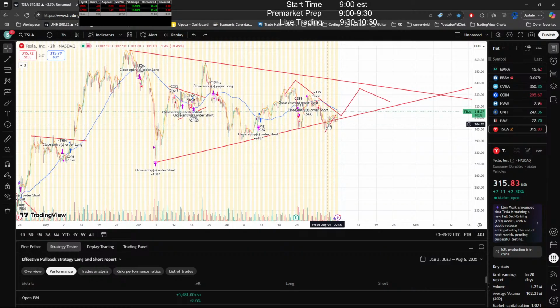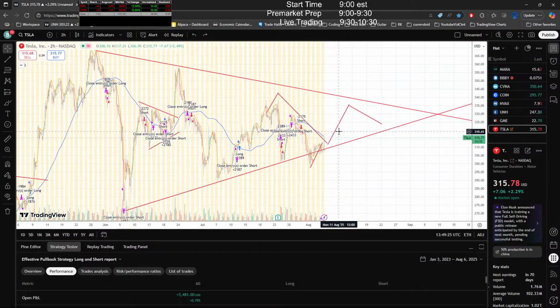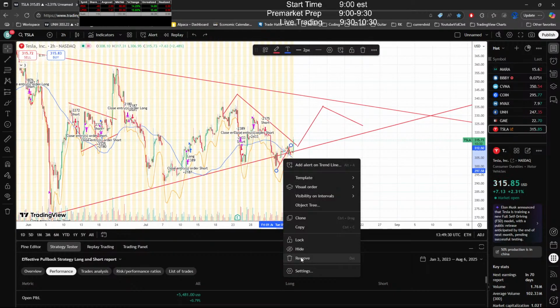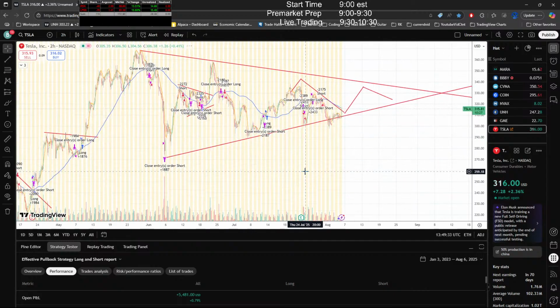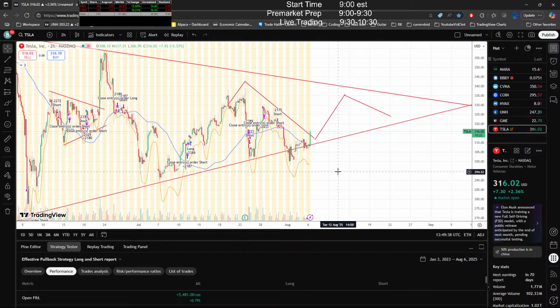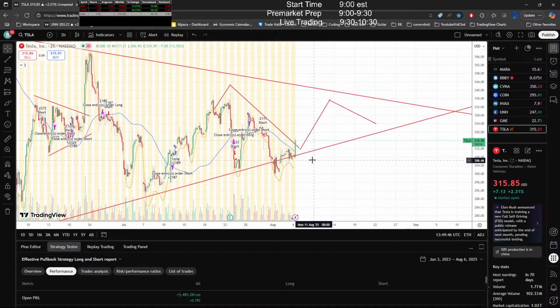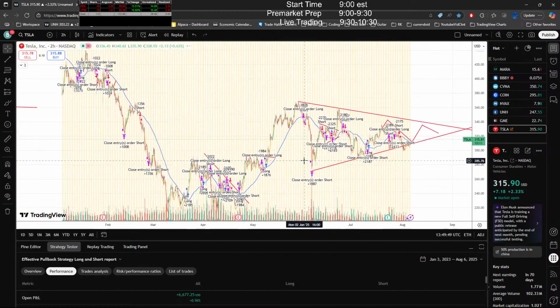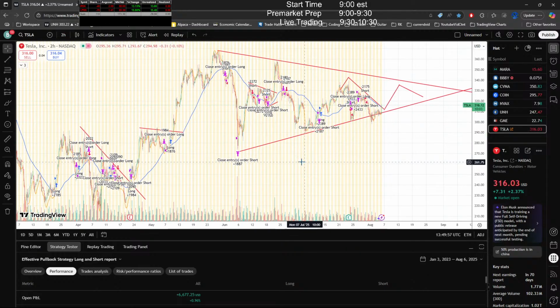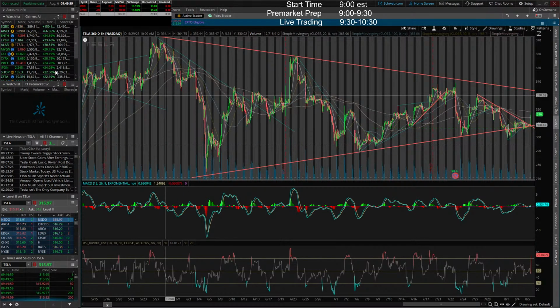So I was thinking that might have been the breakdown area, but it ended up holding. Of course, I did try long here and I stopped out, so now I'm just waiting on Tesla. $316 now on Tesla. Super crazy strength.